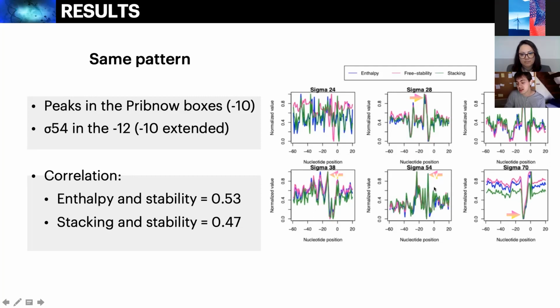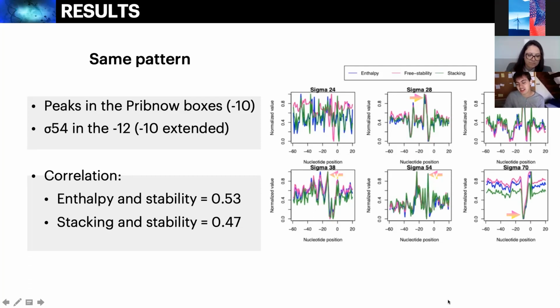There is a peak in our physical features that is telling us where the sigma protein binds the DNA. And not only that, but we can see that our three chosen features, enthalpy, stability, and stacking, show a similar level of behavior. As you can see, the lines are somewhat overlapped.